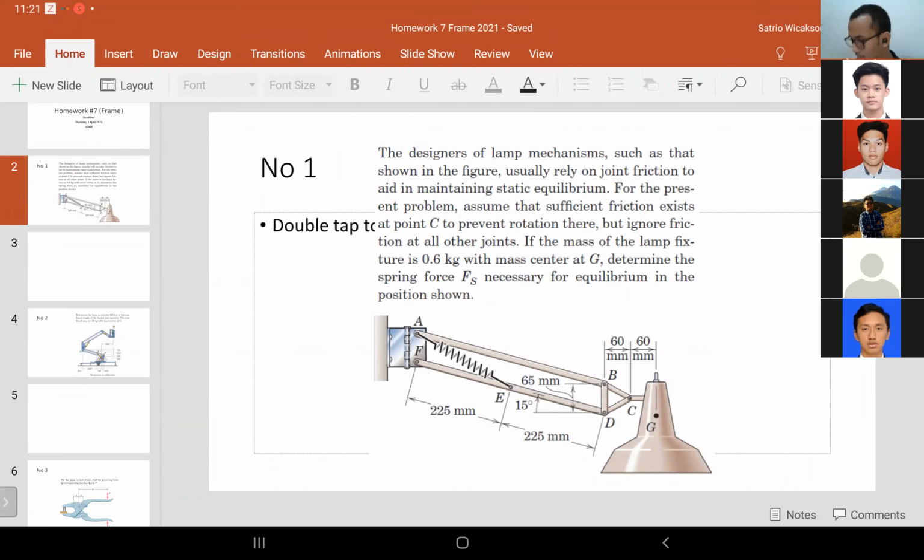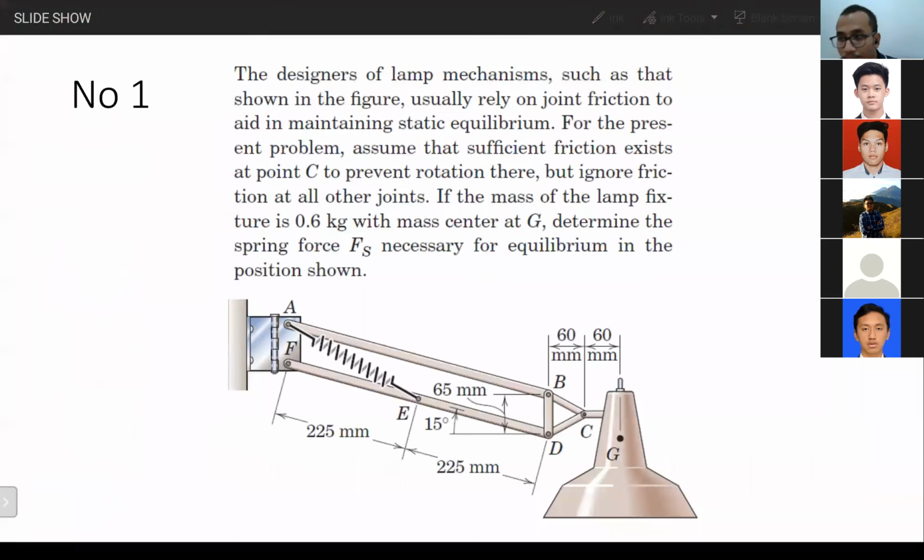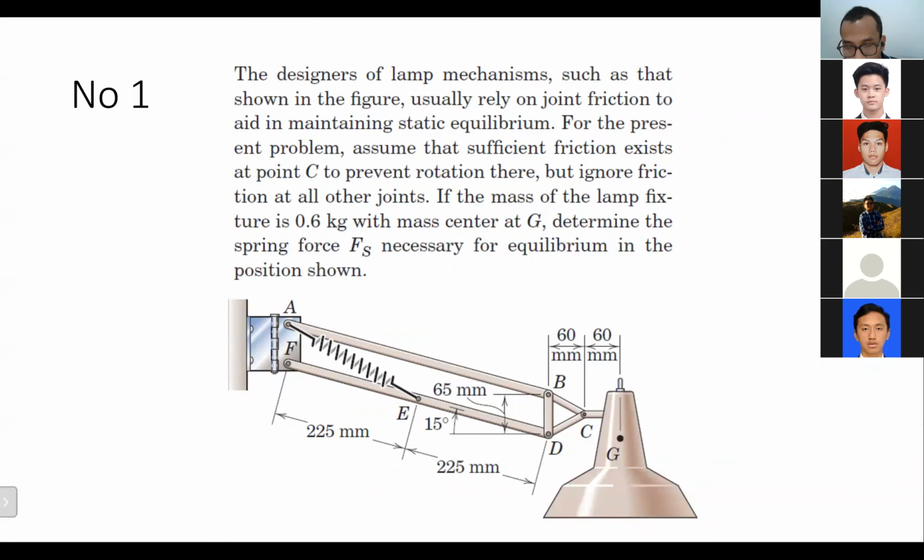So if we cut the sections of BC and BD and CD, I mean BD and BC, sir, and FD, is it fine? Oh, that's a big problem. You cannot do that because FD is a non-two-force member. This particular FD is not a two-force member.